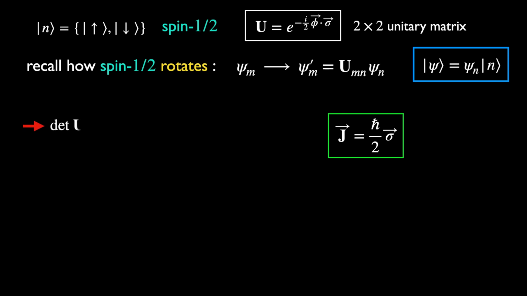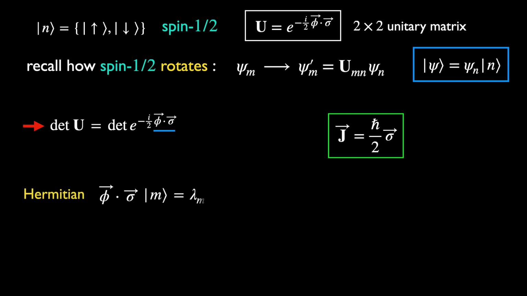Let's take a look at the determinant of this 2x2 matrix. The simplest way to do this is in the basis of the eigenstates of the Hermitian generator in the exponent. Lambda m are the eigenvalues associated with the eigenstates m. In this basis, the matrix U is simply diagonal, with the diagonal elements being just e to the power of minus i over 2 times the associated eigenvalues, which are just the eigenvalues of U itself.